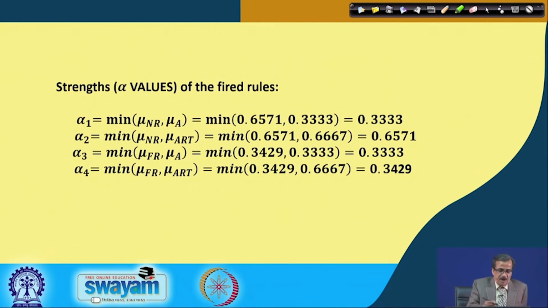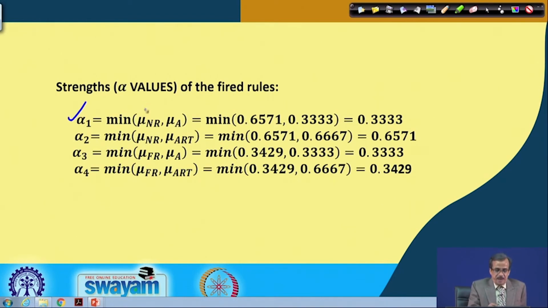Now, the firing strength for the first rule, denoted by alpha 1, is nothing but the minimum between mu NR and mu A. Now, the minimum between 0.6571, that is mu NR, and mu A, which is 0.3333, and we will have to find out the minimum.